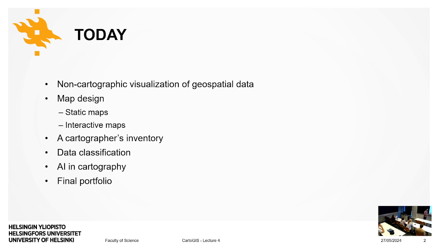Then we will discuss the role of AI in cartography, having a bit of discussion about that. And if we have time at the end, we will talk about the portfolios, which will be the final output of this course. If not, we will continue in the afternoon discussion session.